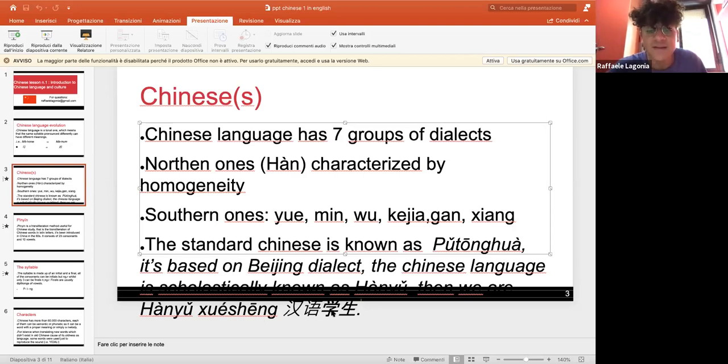Xue, that is the first character of this word, this one I am indicating, means school, so everything that has something to do with school is indicated with xue. For example, we have daxue, that is university. Da means big, xue means school. So the big school, daxue, university.